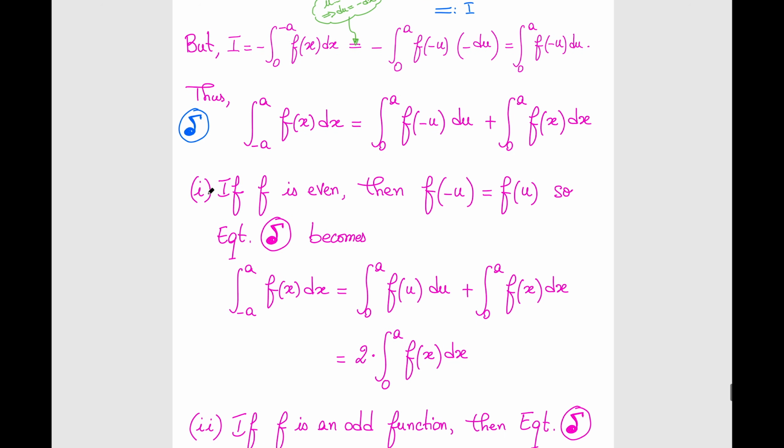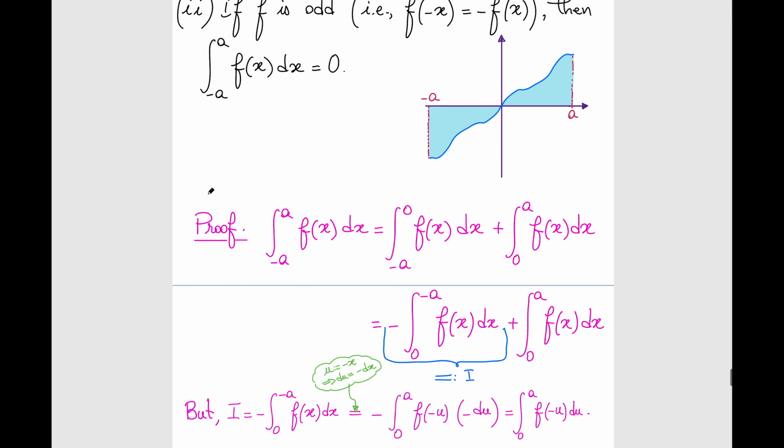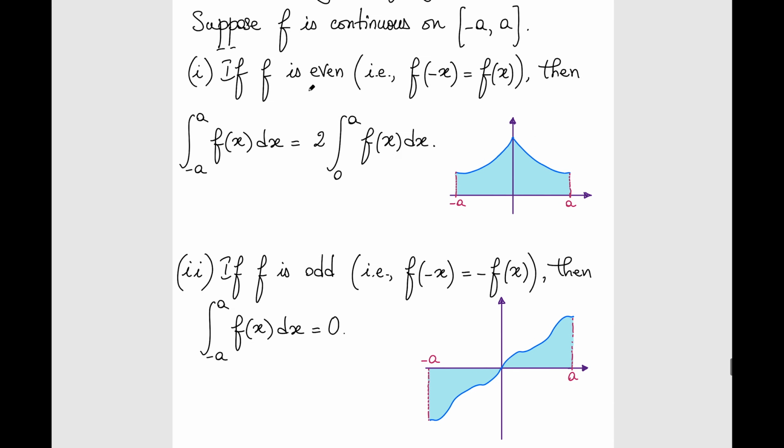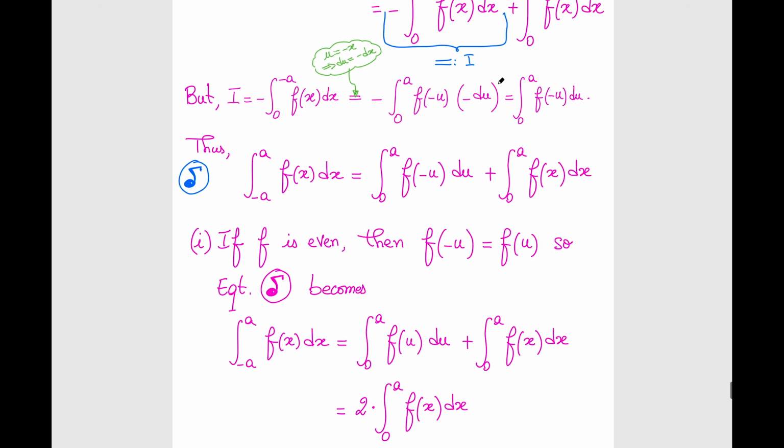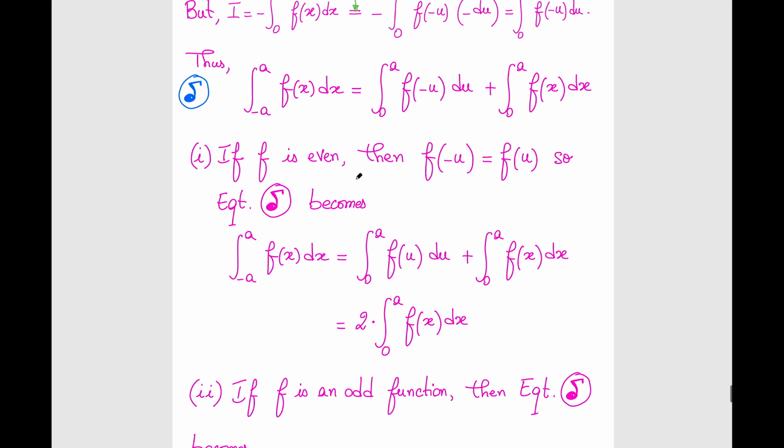Now for part one in the theorem, what's part one? I'm assuming that f is even, which means f of negative x is f of x. But x is a dummy letter. I can call it u, I can call it t, whatever you want.